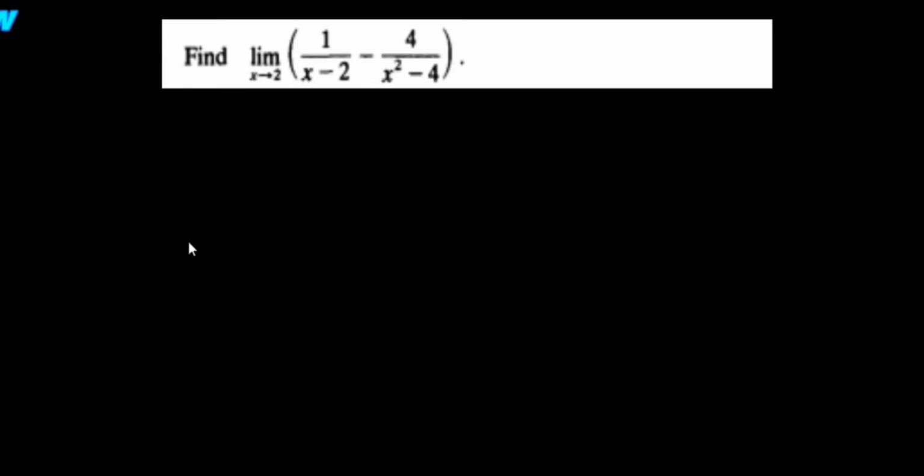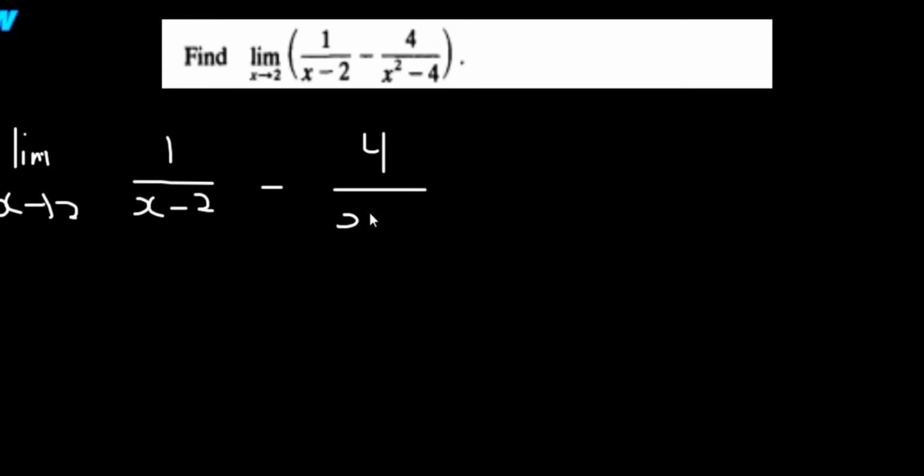Okay, so this time around we'll be using the transformation method to solve this question. So I have the limit as x approaches 2 of 1 over x minus 2 minus 4 over x squared minus 4.